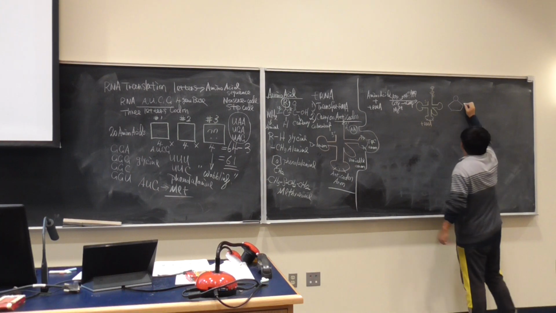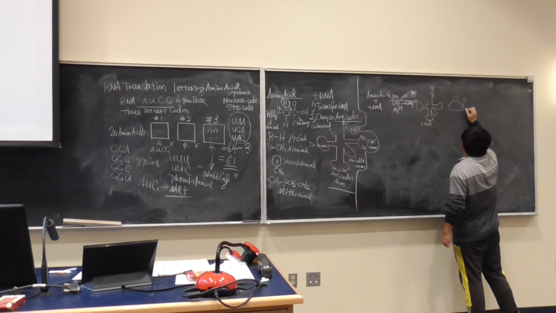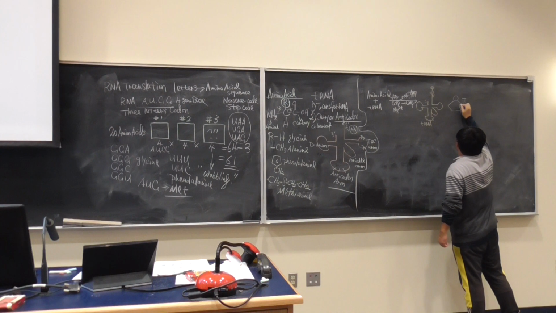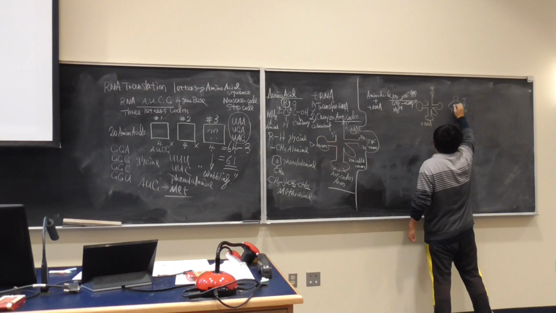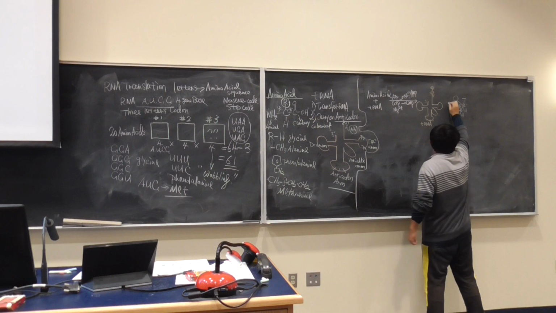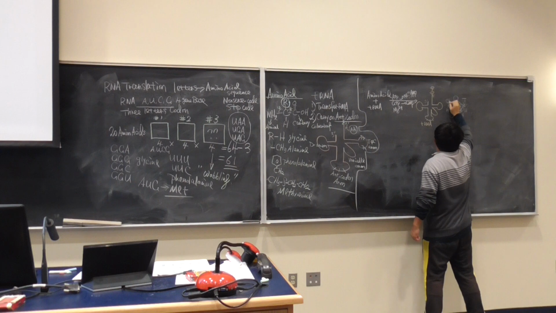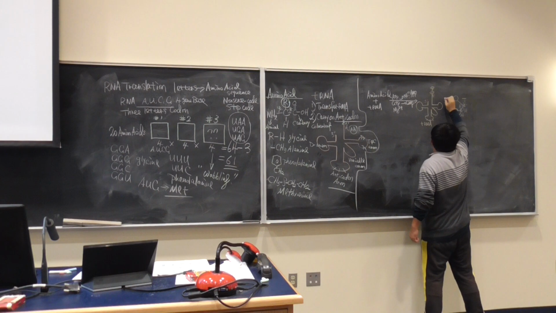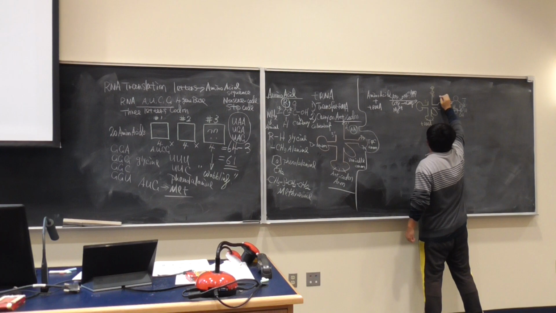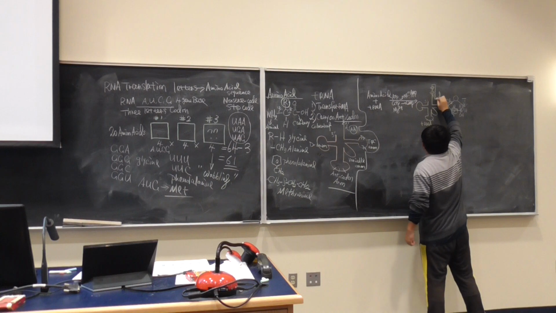Let's say you have a T there. This is H, OH, carbon number 1, carbon number 2. Carbon number 3 you have to be careful with. The O right here is the key. So you go here, you have H, CH2, you have O, then P, phosphate, O. What are they connected to? Right here.